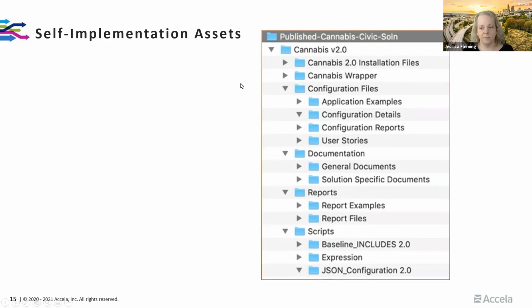As Jack mentioned, there are quite a few standard reports that we've found over the last 20 years or so that almost everybody needs, so those are included as well. And then any scripts, those standard configurable scripts that Jack mentioned, the includes files, as well as the JSON configuration files and any expressions to support the implementation.